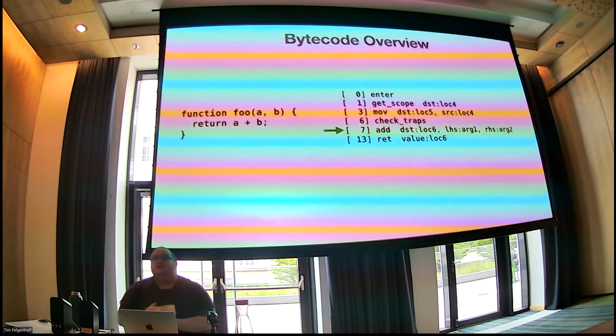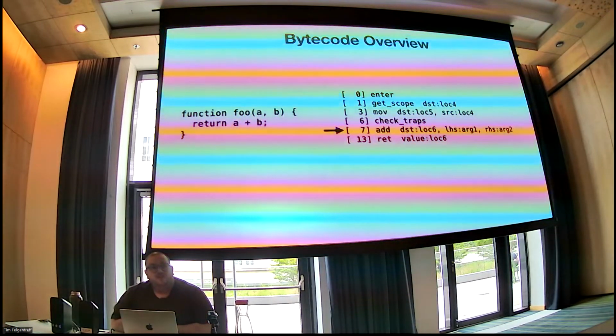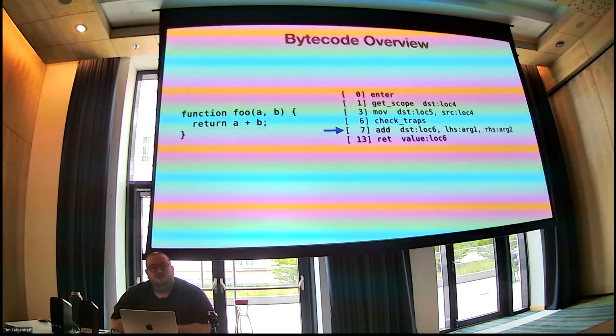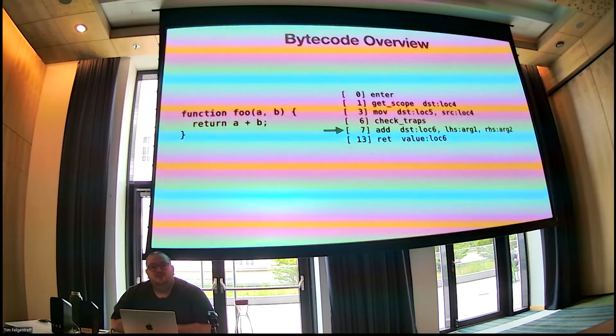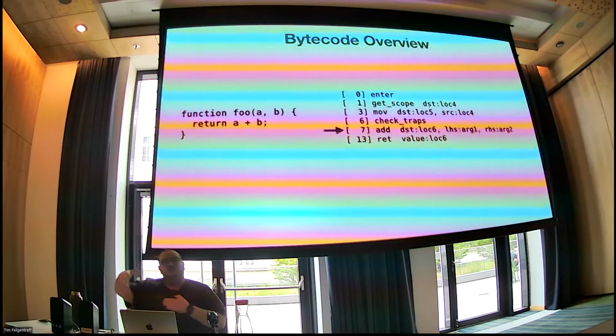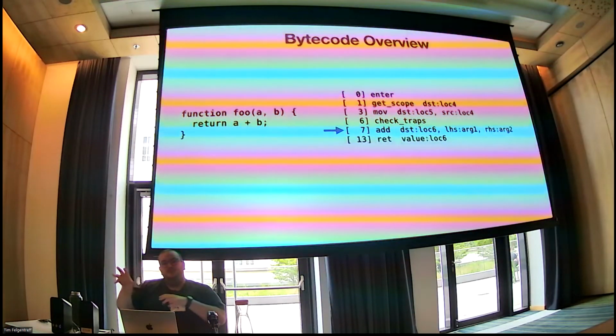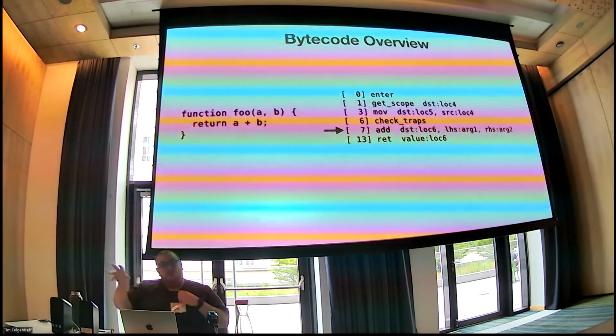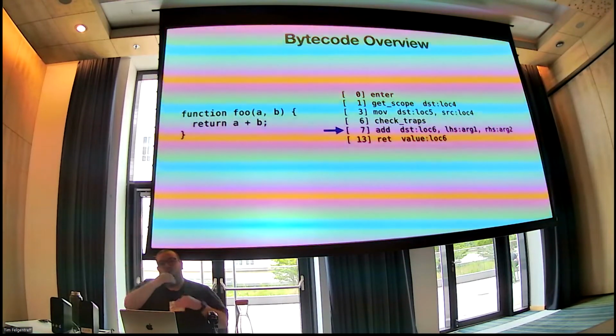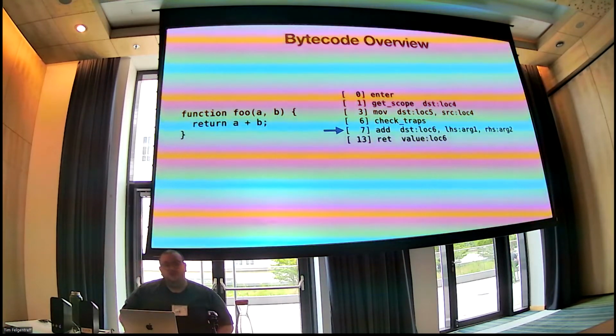So you might have many scopes, and this local 5 in this case is just tracking the top level scope. If you pushed a bunch of scopes on your stack, all of those pushes would have basically 2 locals associated with them. One is the current scope, and then it always moves it into local 5, which represents the top of the scope.